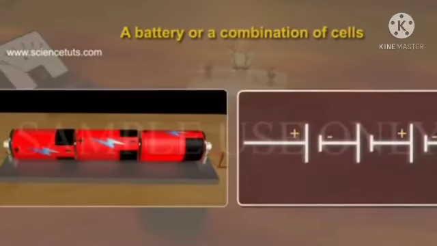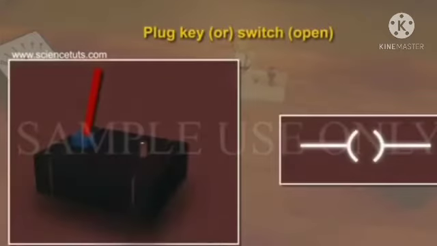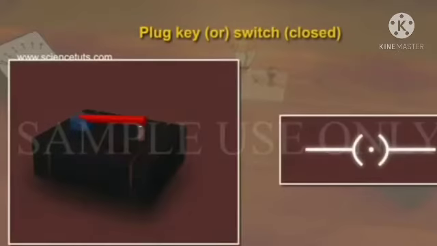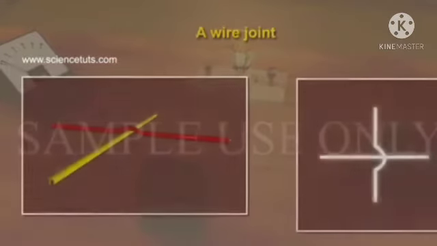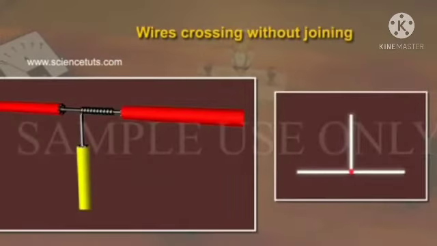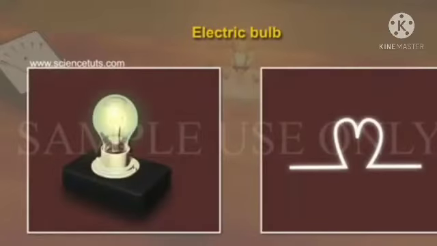An electric cell, a battery or combination of cells. Plug key or switch open, plug key or switch closed. These are the symbols. A wire joint, wires crossing without joining.